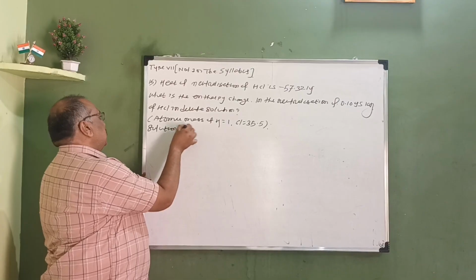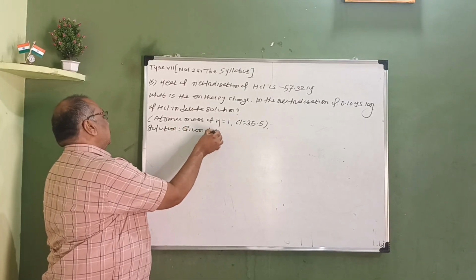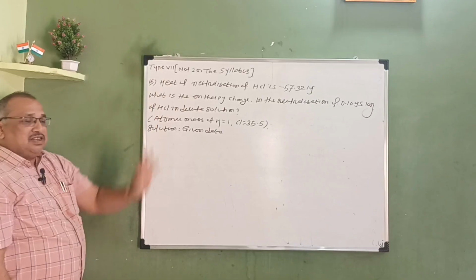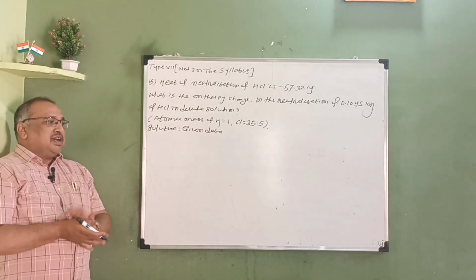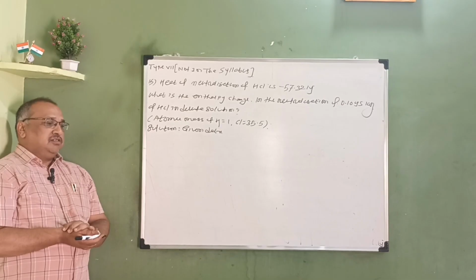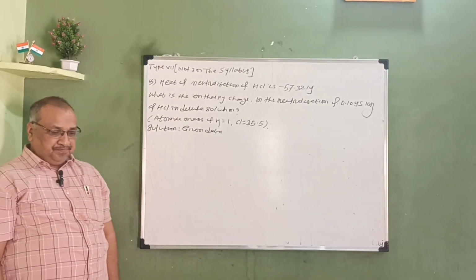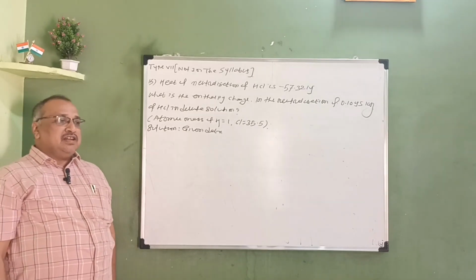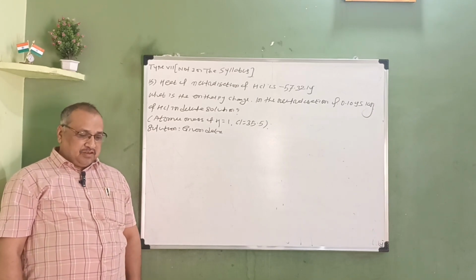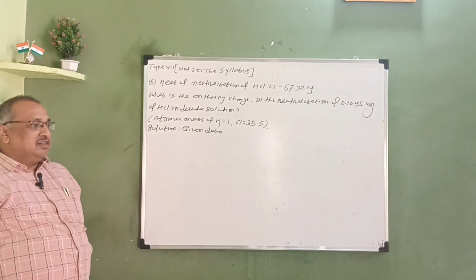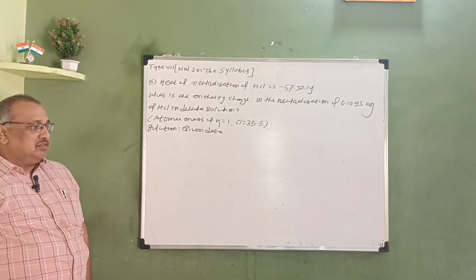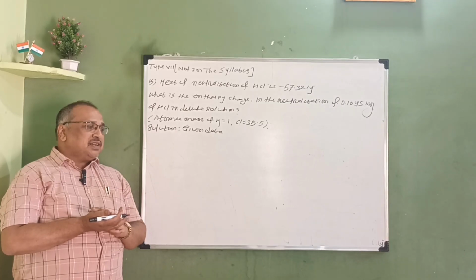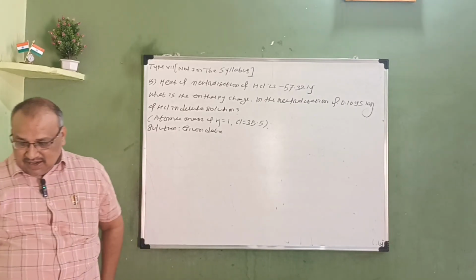Here write down solution. Given data. Heat of neutralization of HCl is given. Now apply the definition of heat of neutralization here. Enthalpy change when 1 mole of H plus ions from an acid are neutralized by base, or enthalpy change when 1 gram equivalent of acid is neutralized by base.